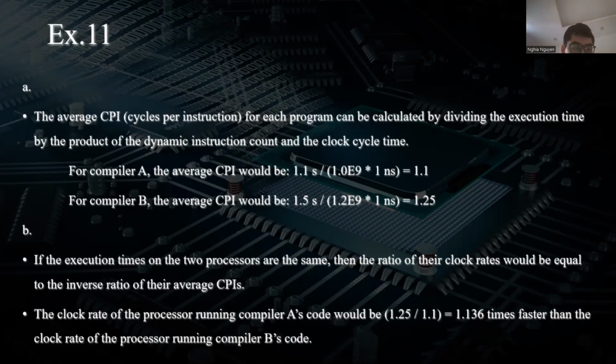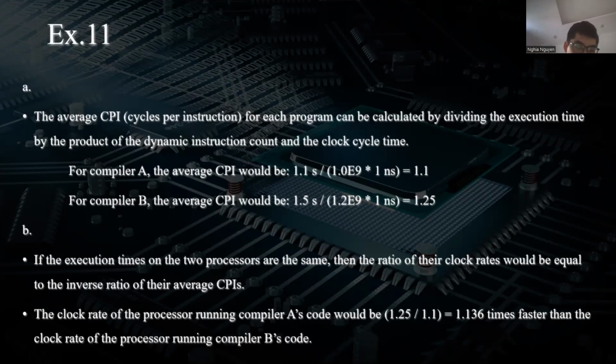For part B, if the execution times on the two processors are the same, then the ratio of the clock rates would be equal to the inverse ratio of the average CPIs.